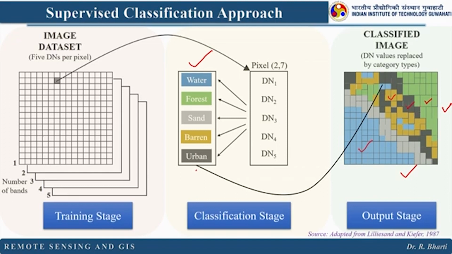So all the classes which we have used to train my algorithm are available in my classified image. So here we have 3 different stages. First one is training stage, then classification stage, then output stage, right.